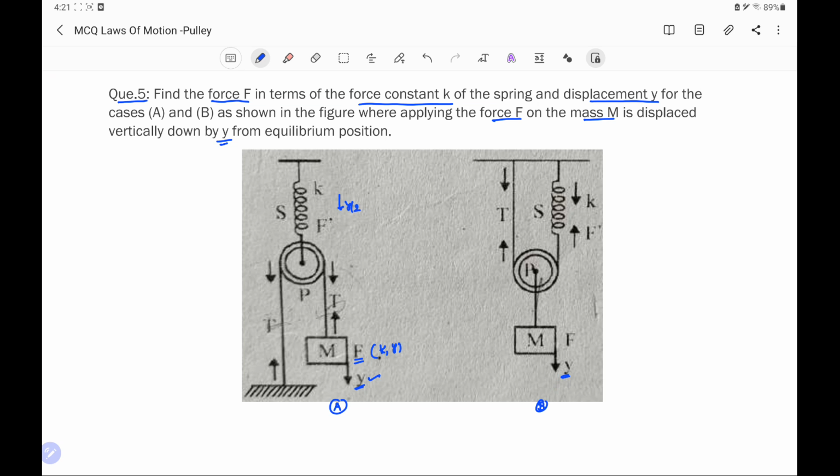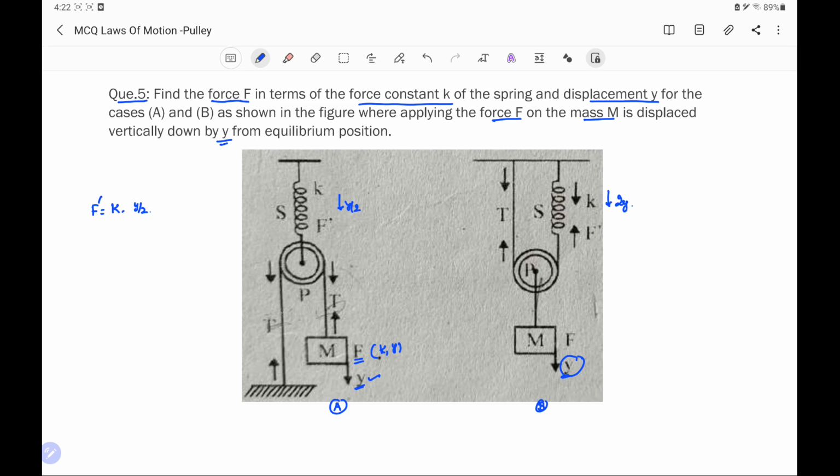While in the case of the second diagram, if this mass is displaced by Y, then the spring will be extended by 2Y. This we have to remember. So F dash for case A will be equal to the spring constant K into the extension, that is Y by 2.